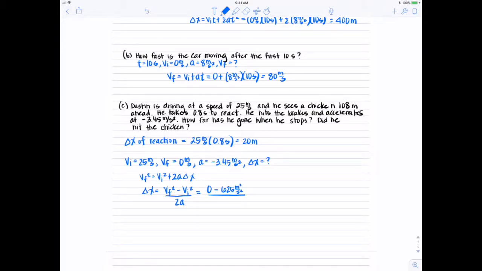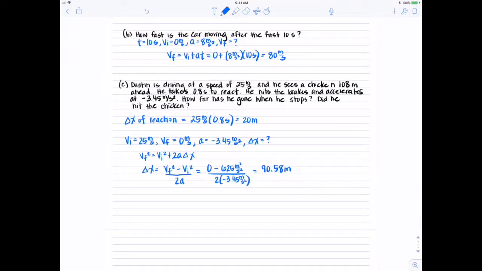I apologize. The acceleration, negative 3.45 meters per second squared. So let's see, negative 625 divided by 2 times negative 3.45. That gives us 90.58 meters. So it takes him 20 meters before he presses on his brakes, and then he goes another 90.58 meters to stop.